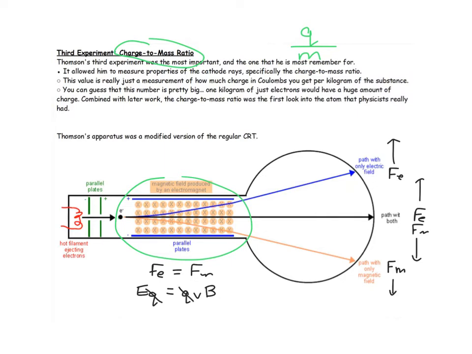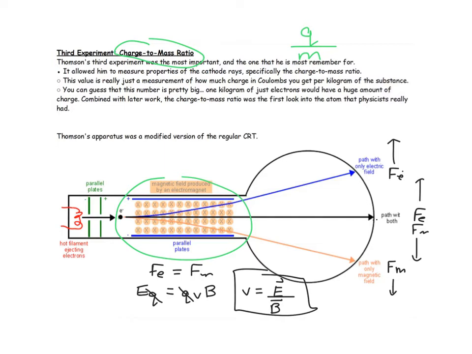In order for electrons to go straight through, they have to be traveling at a speed that is equal to the electric field divided by the magnetic field. So that's called the velocity selector formula. Being able to manipulate the electric and the magnetic field allows us to determine the speed of the electrons that are traveling through that.